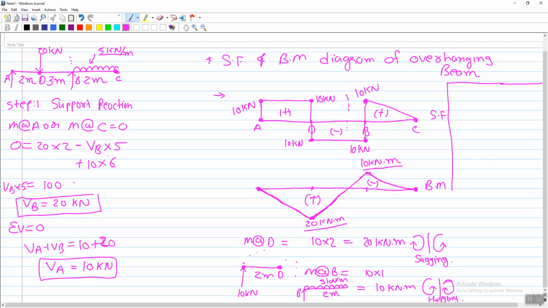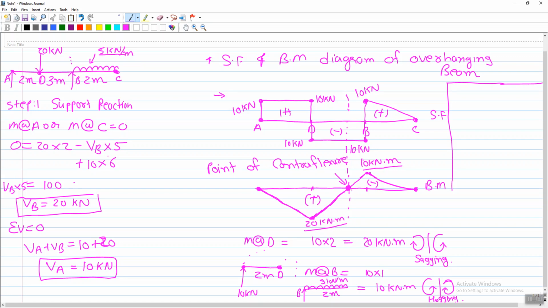This is the line of reference at which you can see there is one point, and this point is known as the point of contraflexure. At this point bending moment is zero.